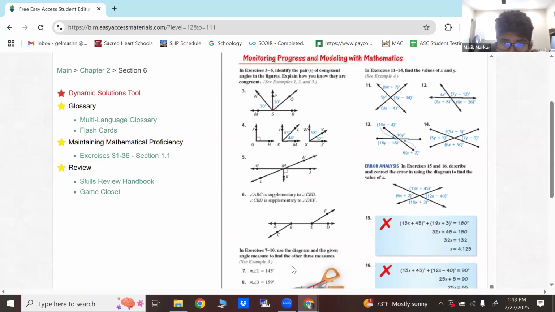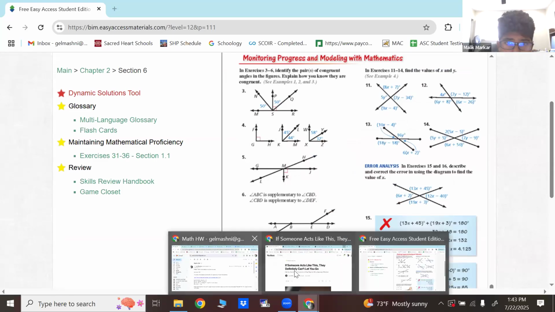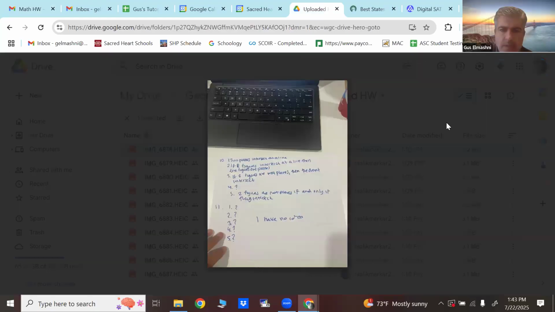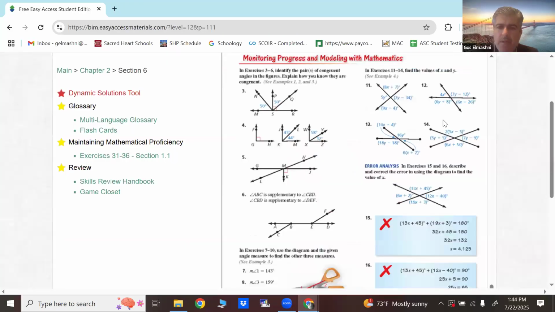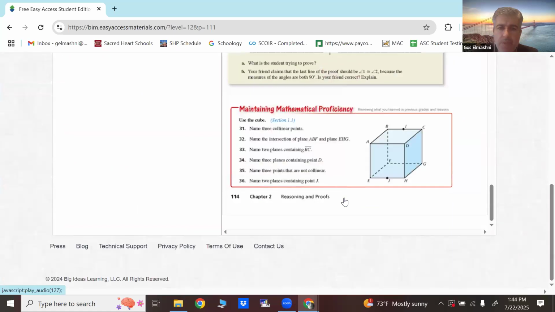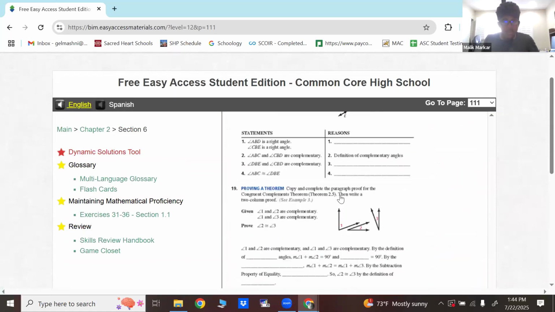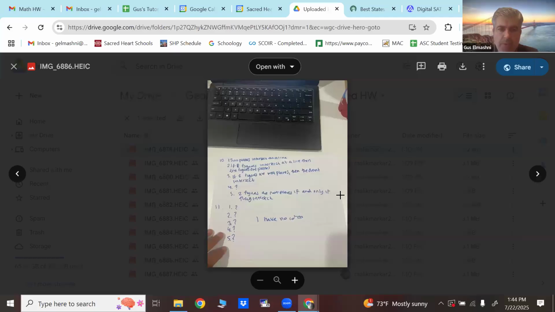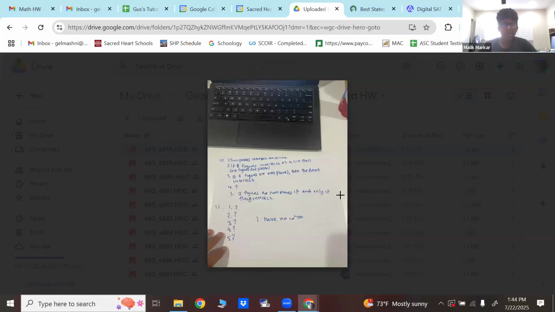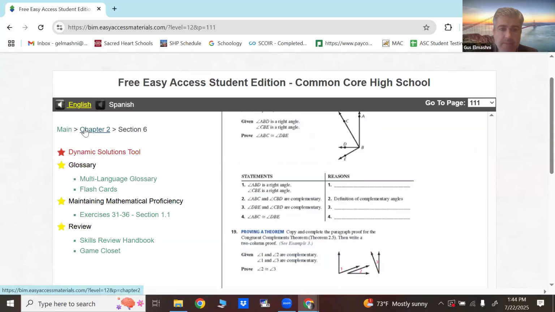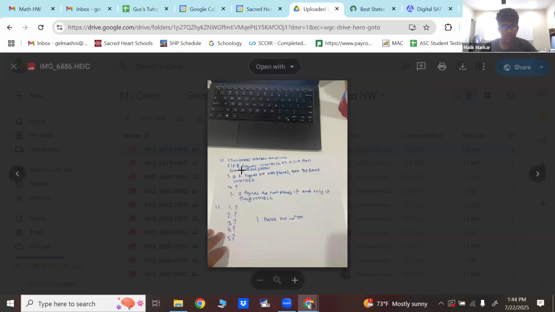Number 11. No, I did that. Wait. 10, 11. I'm still confused. Was it a proof? I don't remember. I did that. I think I did this like last Friday. Looks like it would be a proof. Maybe it was. Yeah, it's the way it's being set up here. Was it the practice test? Maybe that's what it was. Oh yeah, maybe. I think so actually. Oh yeah, it was.